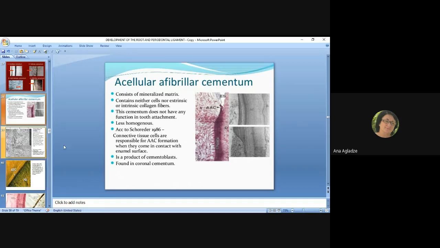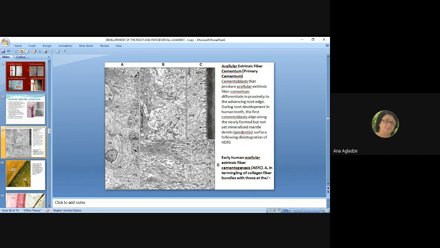Let's now discuss the acellular extrinsic fiber cementum. You know that these extrinsic fibers come from the periodontal ligament. You know that the periodontal ligament is between the tooth root and alveolar bone.